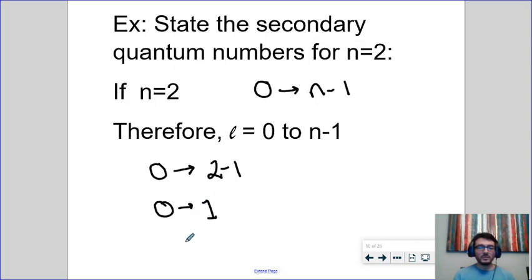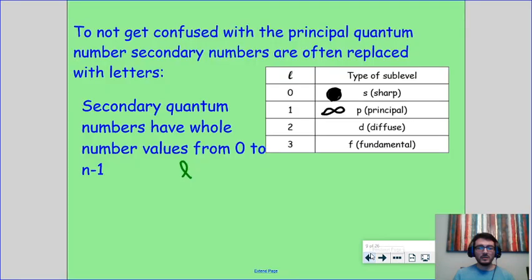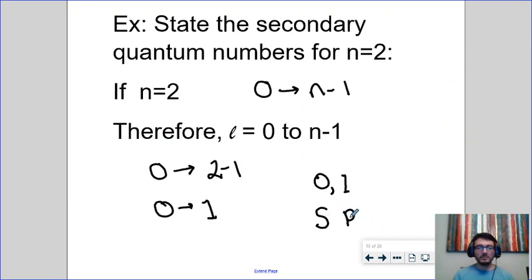So your range is going to be from 0 to 1, which means your possible numbers are 0 and 1. 0 stands for S, 1 stands for P. So the possible shapes are S and P with these numbers 0 and 1.